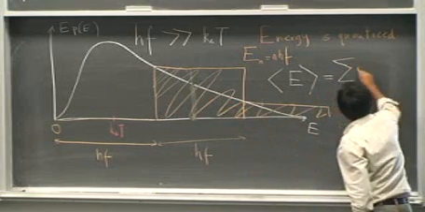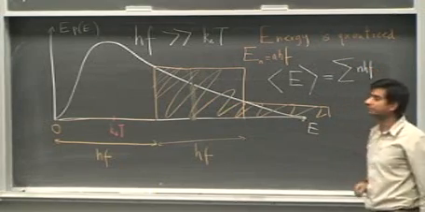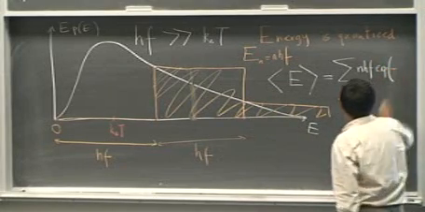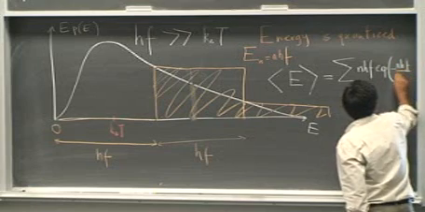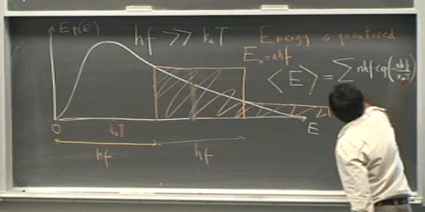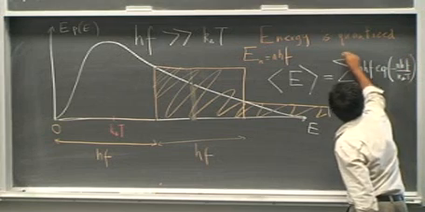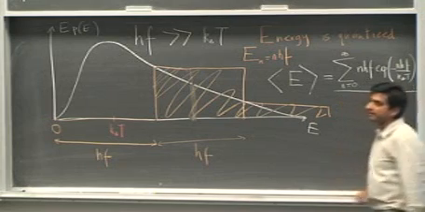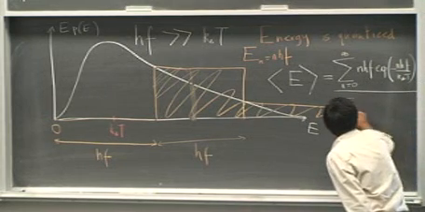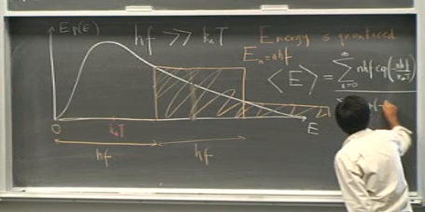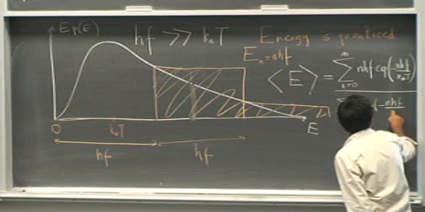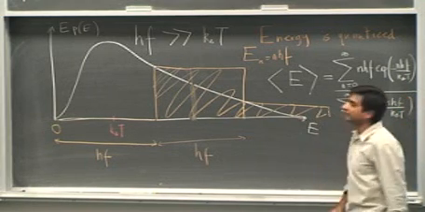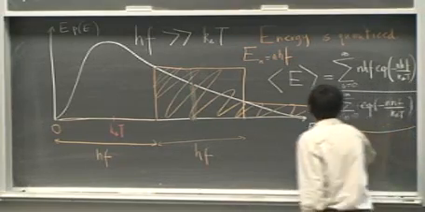What is the energy? nhf. And the Boltzmann factor is exponent minus nhf over kBT, where n goes from 0 to infinity. And you divide by the normalization, the sum of exponent minus nhf over kBT.